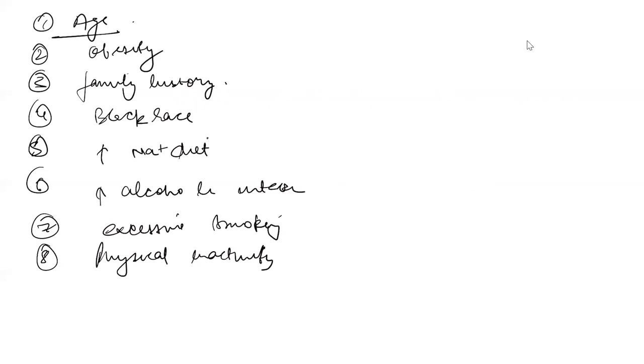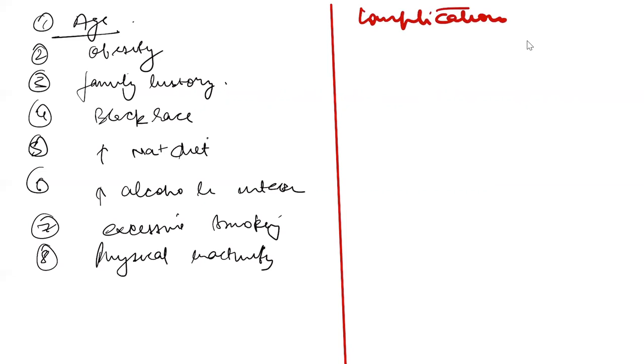Okay. Now complications. Hypertension can lead to multiple organ involvement. The complication can occur in any organ, mostly in CNS.